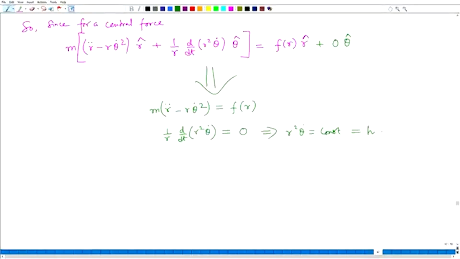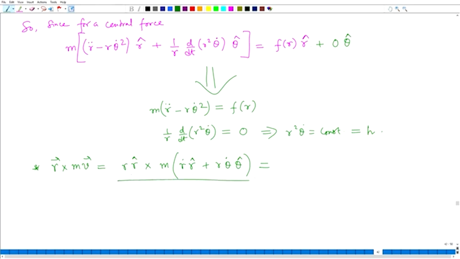Just a small calculation, you can easily see that if you do r cross mv, for this case r is nothing but r times r cap, and cross m times v, which you now know in 2D polar system is m r dot r cap plus r theta dot theta cap.